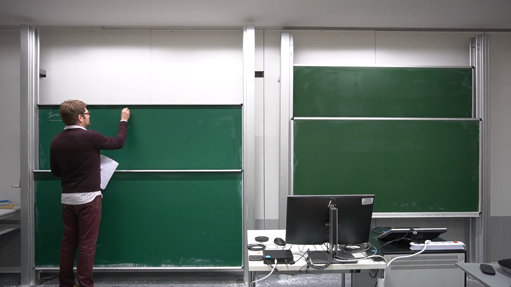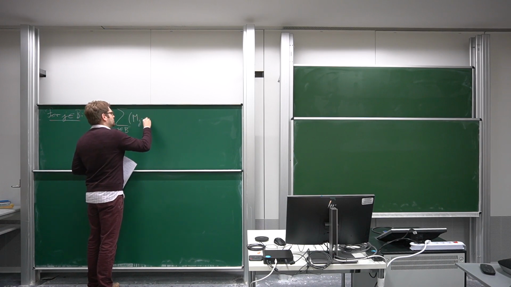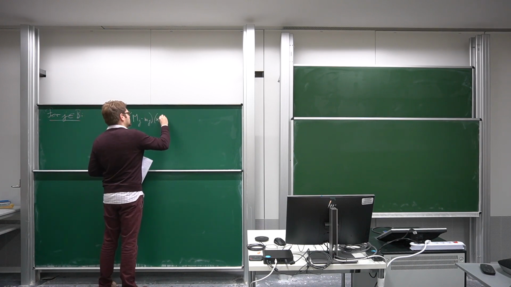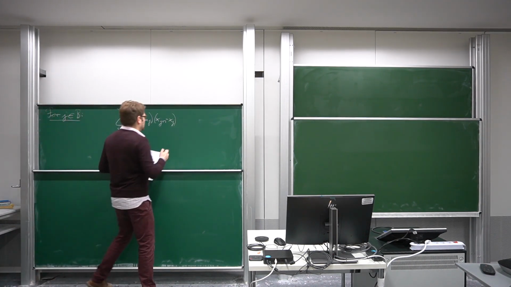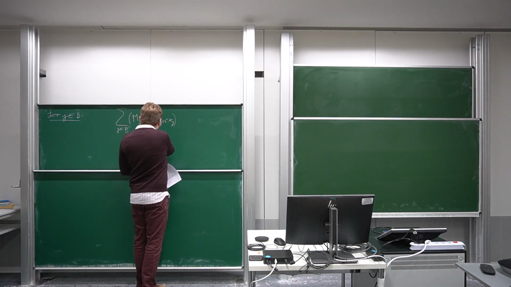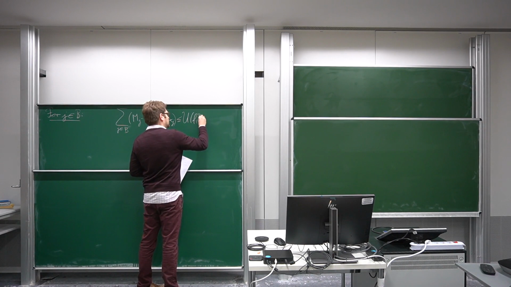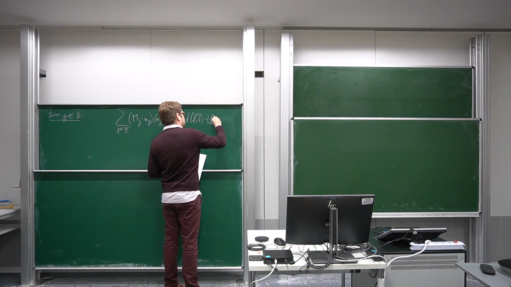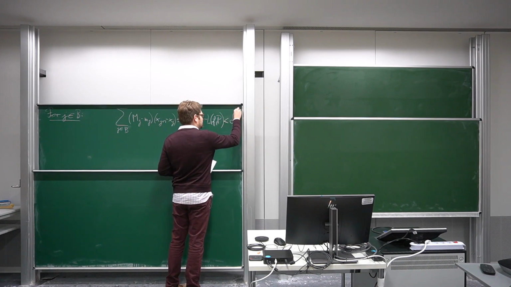We think about the sum of j in B of Mj minus small mj times xj plus 1 minus xj, which is part of the difference of upper and lower sum of the function f. So this is smaller than or equal to U of f,P minus L of f,P, but by assumption, the choice of P was given such that this is smaller than delta squared.